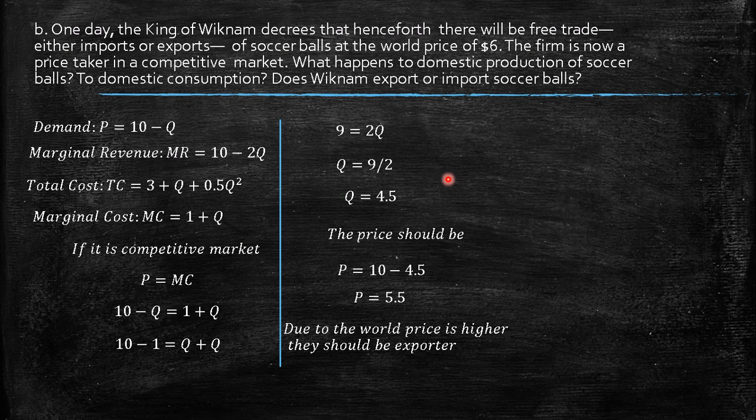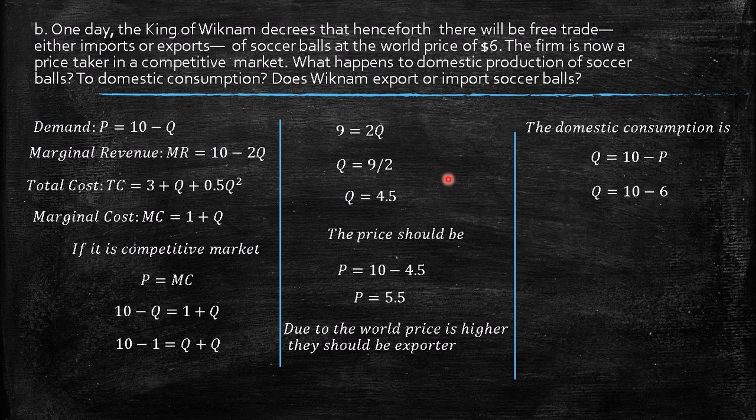Then, since the world price is higher, because it's 6, they should be an exporter because they are more competitive than the outside world. So the domestic consumption should be Q equal to 10 minus P, where P is the world price because now the price everywhere should be the same. Then 10 minus 6, and the quantity consumed is 4.